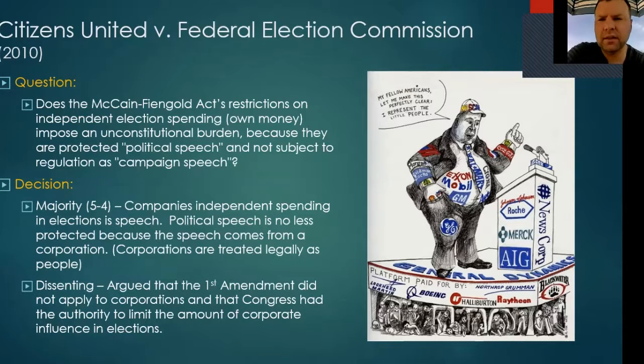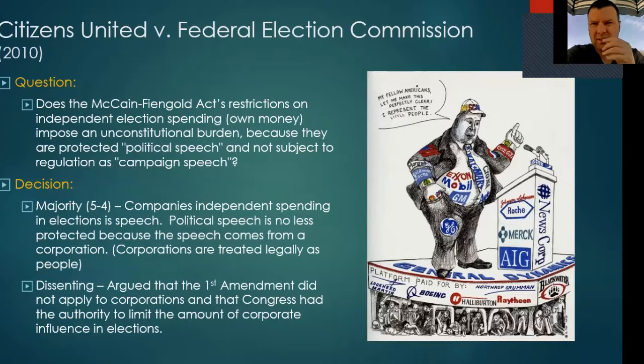Here, the law that was up for debate was the McCain-Feingold Act, which was restricting independent election spending. That means if I was McDonald's and I wanted to spend millions of dollars supporting a certain presidential candidate, should there be any restrictions on how much of my own money, even though I'm a business, can I put into supporting a party or a candidate?